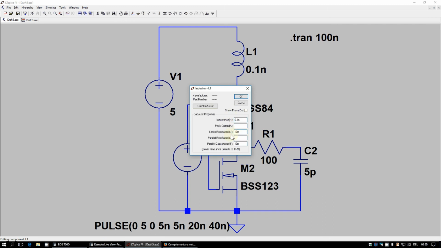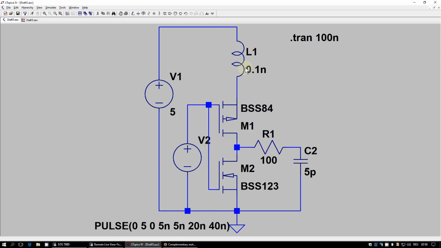That's the copper resistance of your PCB trace, 10 milliohms, which is quite typical if you don't have a meter of PCB trace, but only a few centimeters. And I've already added what you also always have, the parallel capacitance, because of course your PCB trace has a capacitance to ground, or in this case parallel to the inductor. So this is not a pure inductor now; it's more or less a resistor with negligible inductance for our first simulation, and basically only the copper resistance.